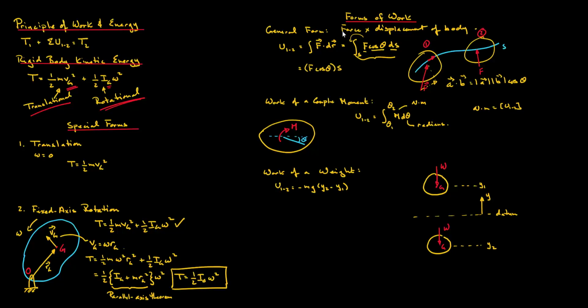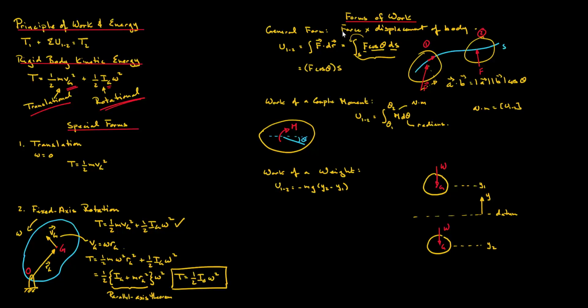Recall that the work is positive when the force vector and the displacement are in the same direction. So now, if a body is moving downwards and our sign convention is positive upwards, then if a body has moved downwards from position 1 to position 2, y2 minus y1 will be negative.